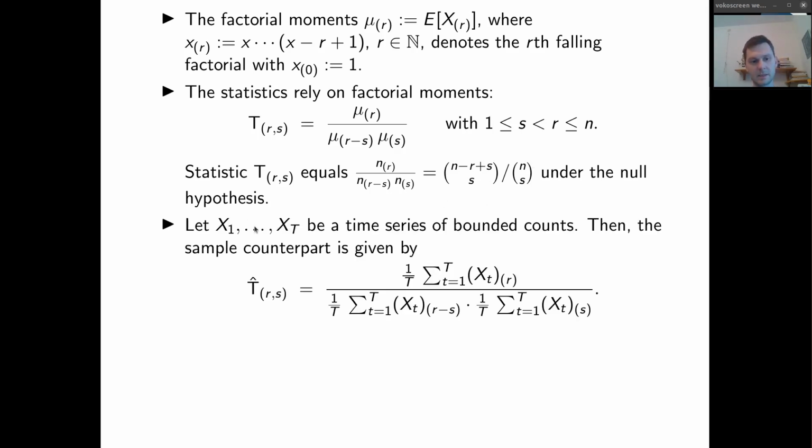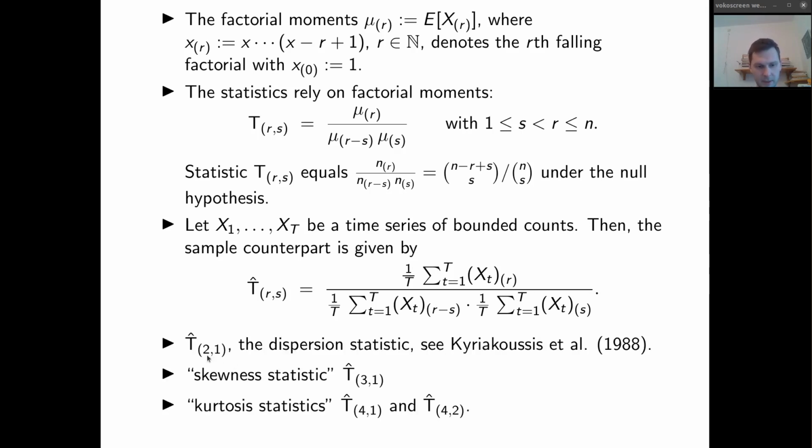Let X_1 till X_T be a time series of bounded counts. Capital T is the sample size, not to be confused with the name of the statistic, which is T hat. Then the sample counterpart is given like this.